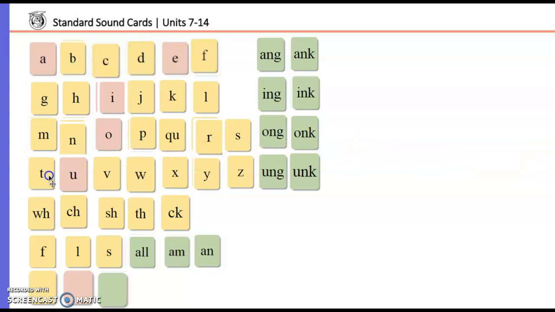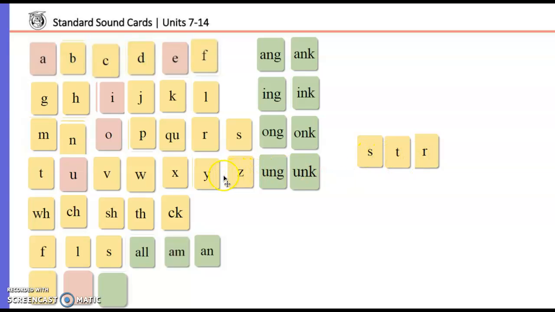Okay, next word that we will be spelling is going to be strap. Strap. Once again, we have our S, T, and look, it's not going to be a 2-letter blend. It's going to be a 3-letter blend.